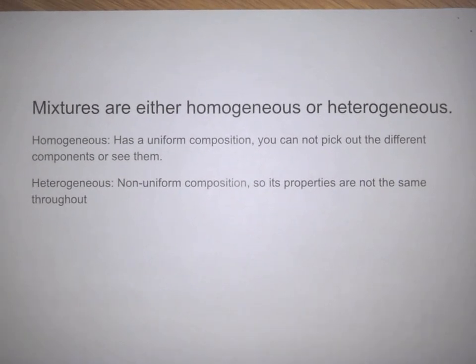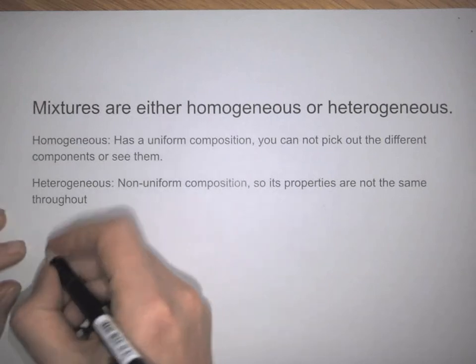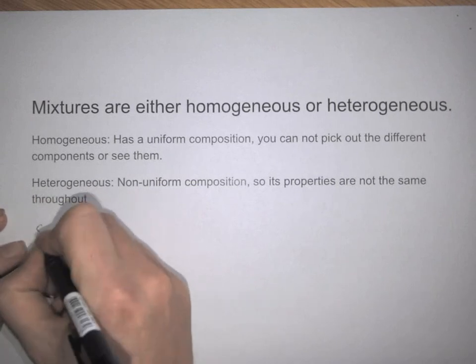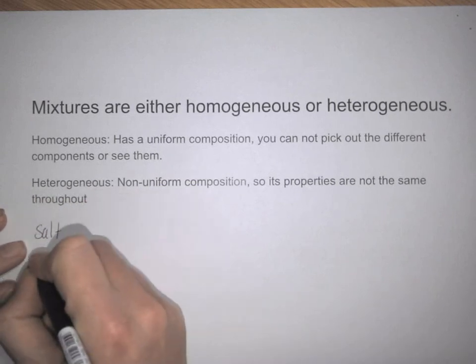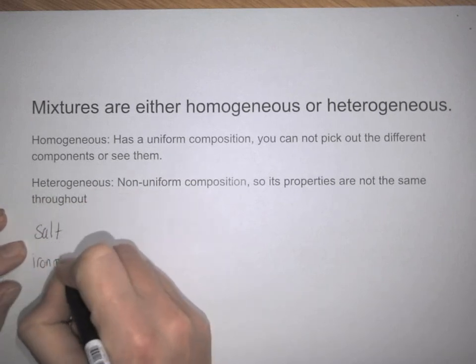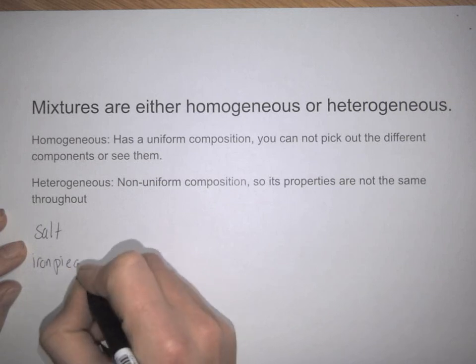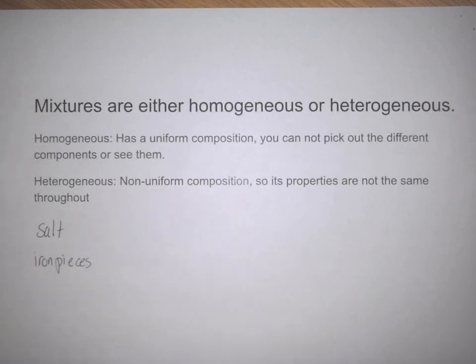What you need to know here is the difference between a homogeneous and heterogeneous mixture. And I will give you an example here. If we mix, for example, salt and iron pieces, imagine that you have salt and iron pieces together now, and you mix them together.